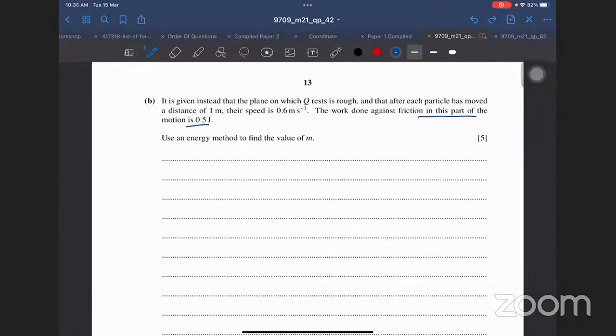Now, when it says to use the energy method, you have to make sure that you use the work-energy principle to solve this question.